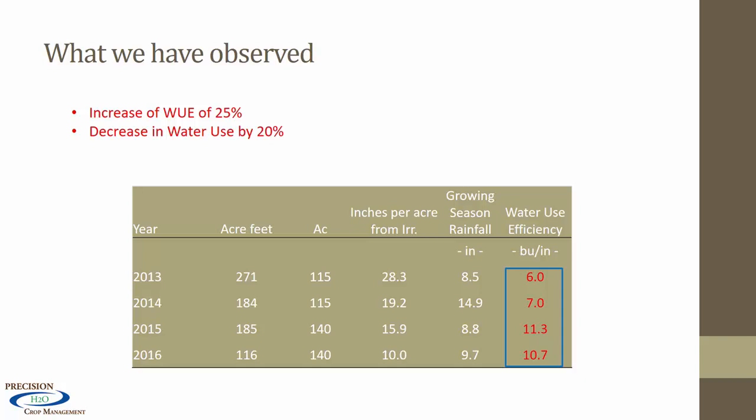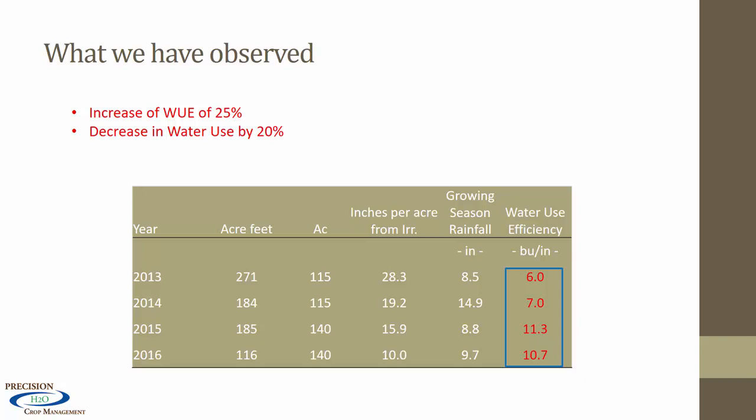In 2015 and 2016, you can see that the water use efficiency numbers increased to 11.3 and 10.7 bushels per inch. If you review any scientific literature, you'll see that most of the time that water use efficiency number should be theoretically around 10 bushels per inch. So we had a substantial increase in water use efficiency.